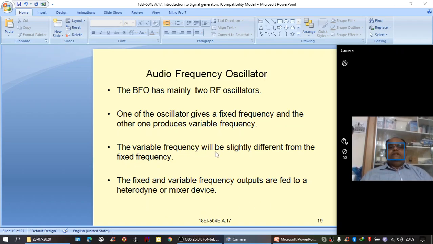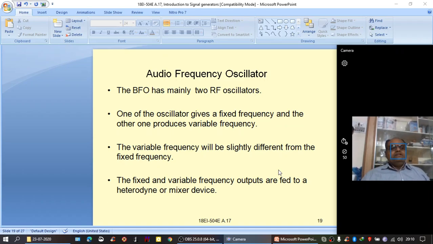The variable frequency will be slightly different from the fixed frequency. The fixed and variable frequency outputs are fed to a heterodyne or mixer device. What is the function of the heterodyne or mixer device? It produces F1 plus or minus F2. It produces two signals: the addition signal and the subtraction signal.